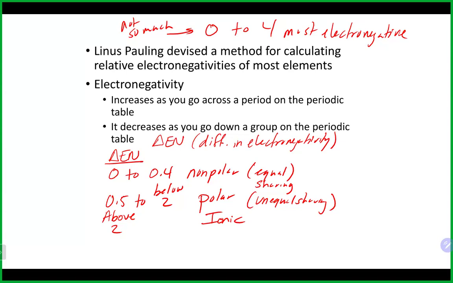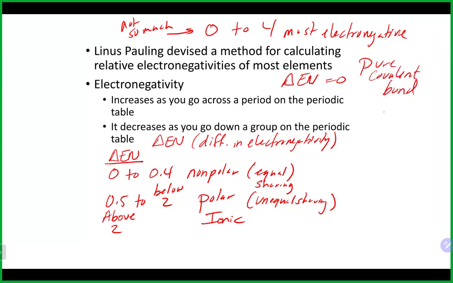Now, the other ones, non-polar, equal sharing of electrons, or polar, unequal sharing of electrons, are both covalent bonding, as we're sharing electrons in that case. Sometimes when you get a delta EN, a difference in electronegativity, of exactly 0, they will classify that as a pure covalent bond.